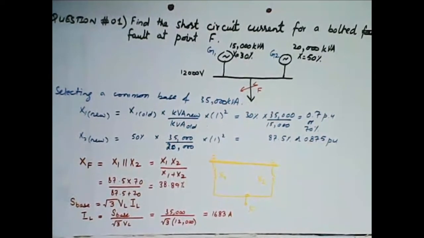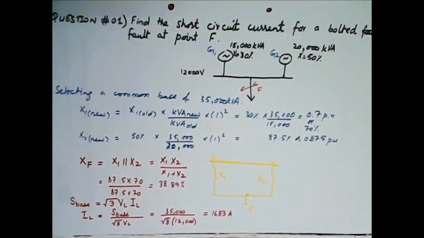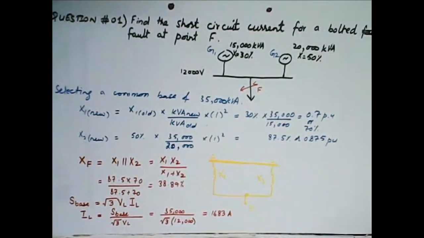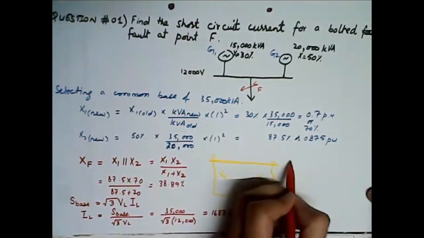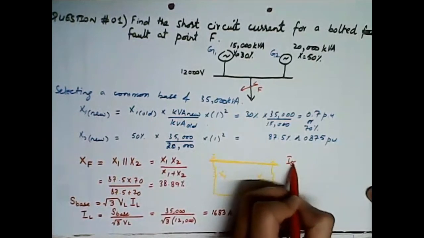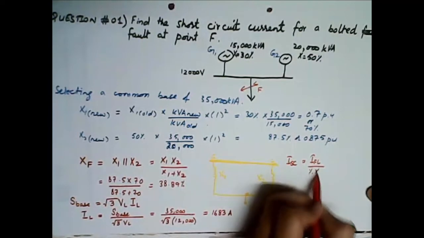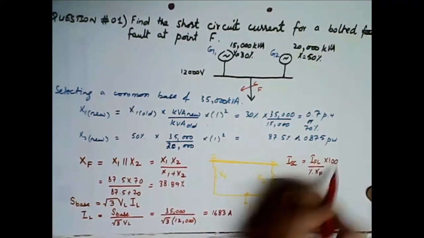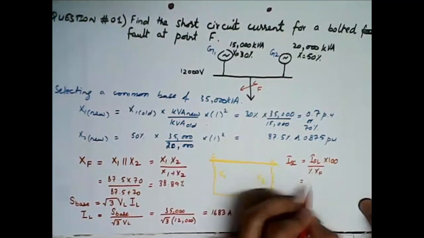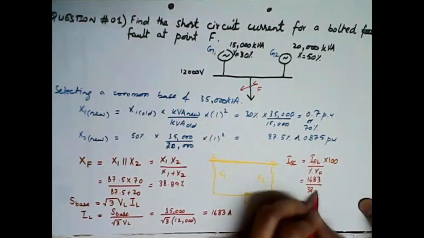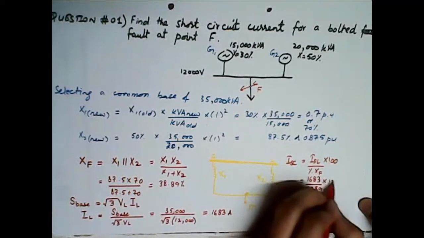And now we can find out the value of short circuit current. We know the formula we have already studied, that the short circuit current ISC is equal to I full load divided by percentage of XF times 100. So this would be 1683 divided by 38.89 times 100.